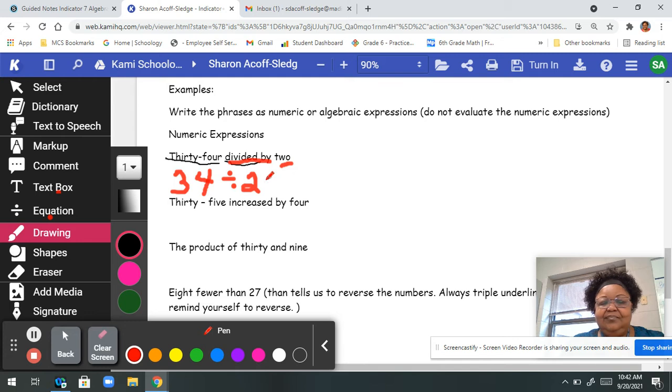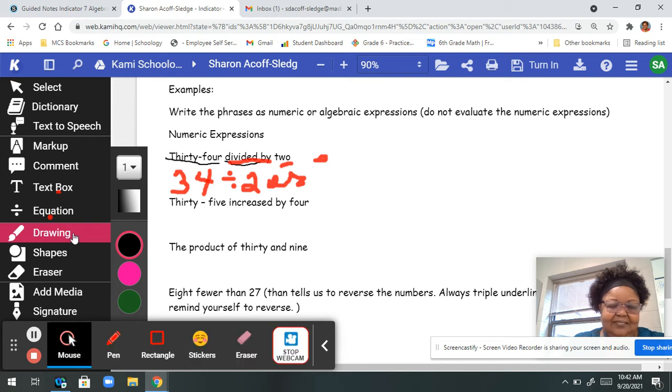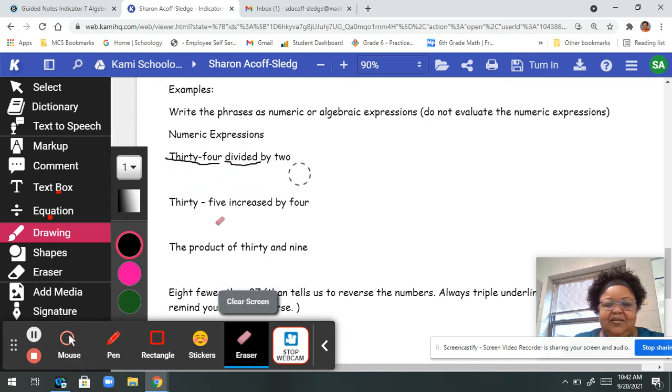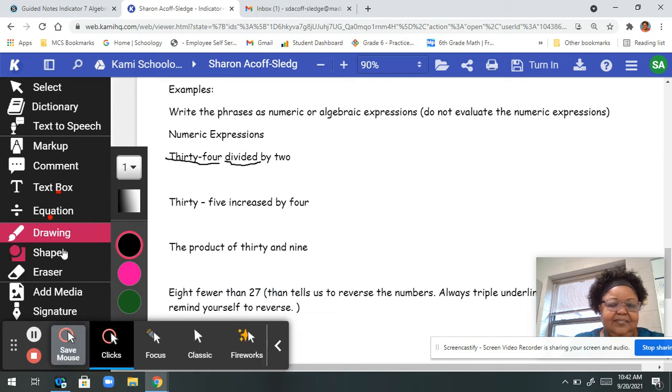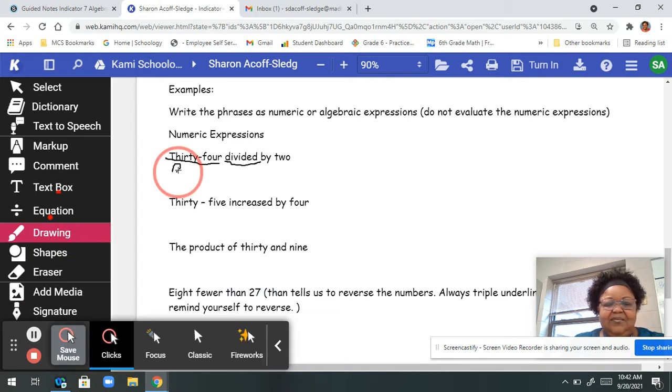Or we can say 34 divided by 2, or we can say, this might surprise you, 34 over 2.